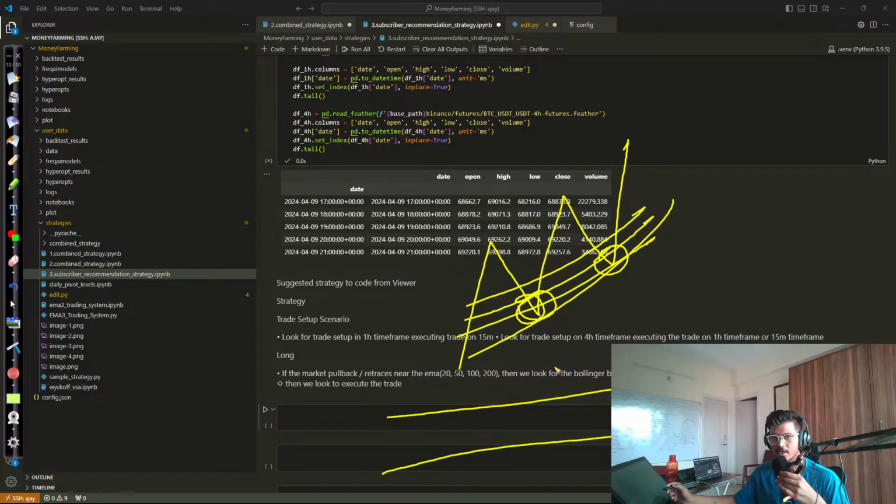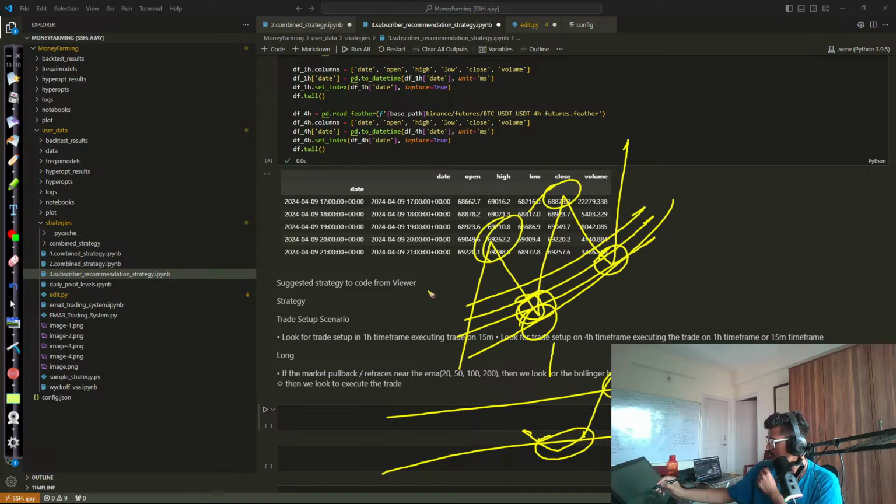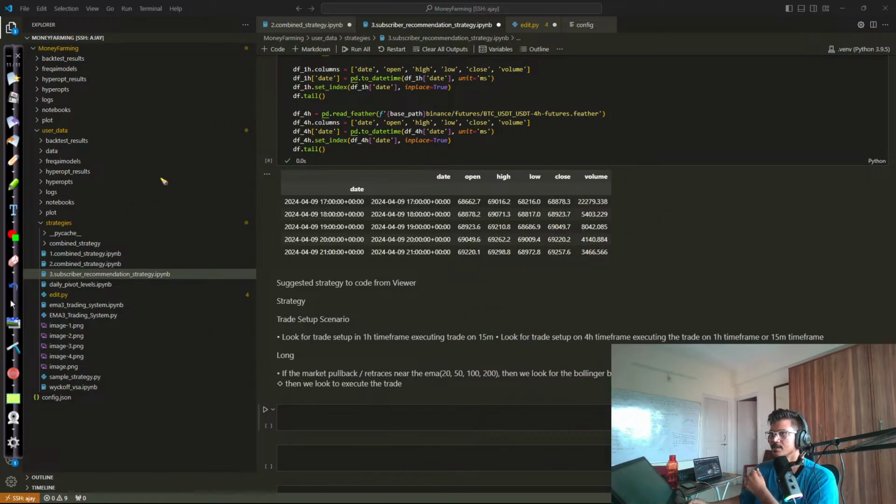When it dips down here, that's our long entry, and we're gonna be adding it as confirmation. So let's code it and then we see.